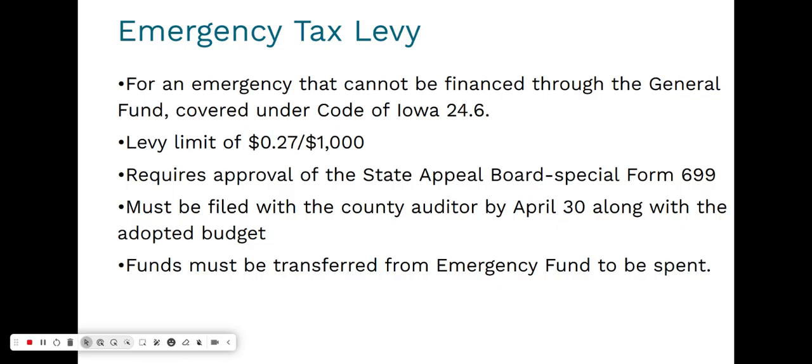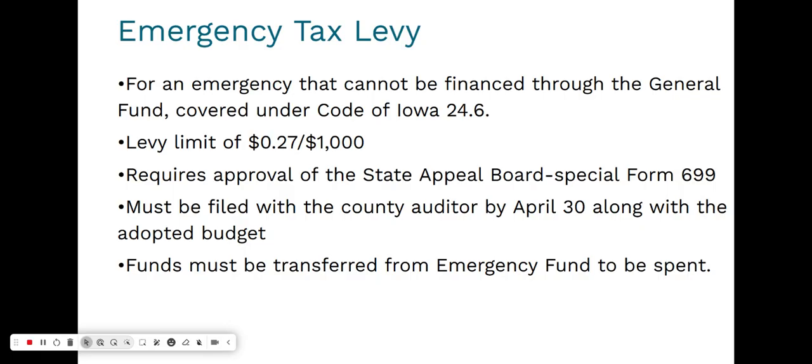Once you file your budget, you would need to include that emergency levy in the budget and have it approved, obviously, by your board. And then when you file your budget by April 30th, you would file it including that emergency levy. And you would also submit Form 699. You would file all those documents with the county auditor and provide them with that information.